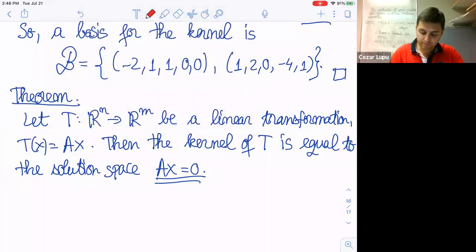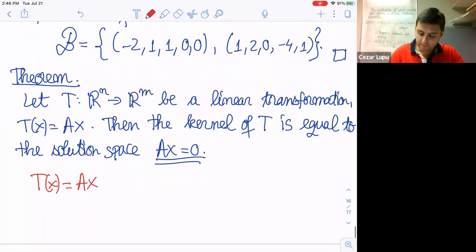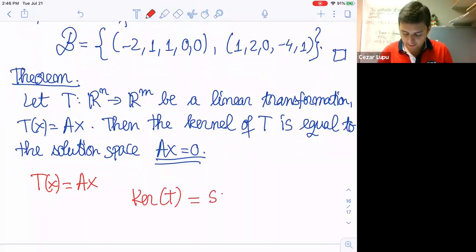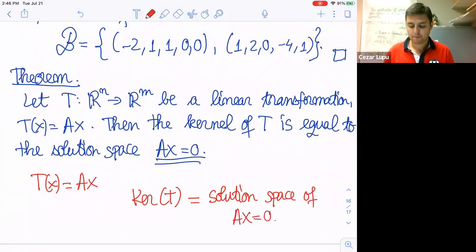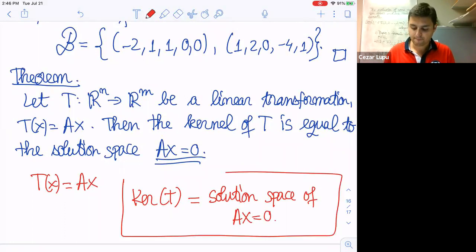So if I have T of x equals Ax, this implies that the kernel of T is the same as the solution space of this matrix equation. That's what you need to know.